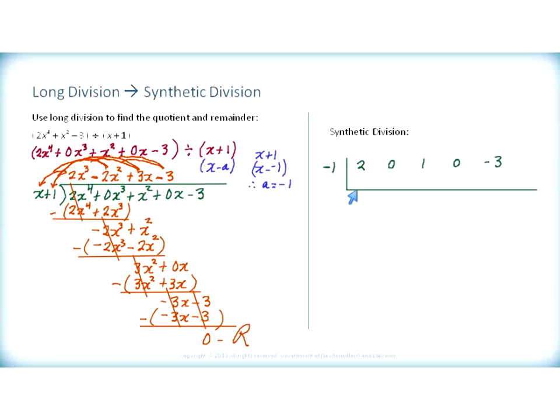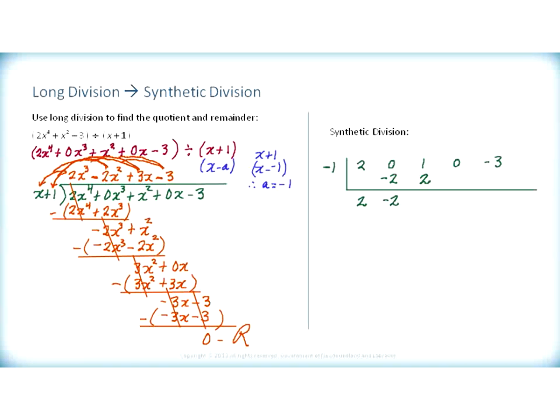When you add the first column, 2 plus nothing is 2. You multiply 2 by a negative 1, and you get negative 2. Adding the second column, the sum is a negative 2. Multiply negative 2 by negative 1, and the product equals 2.